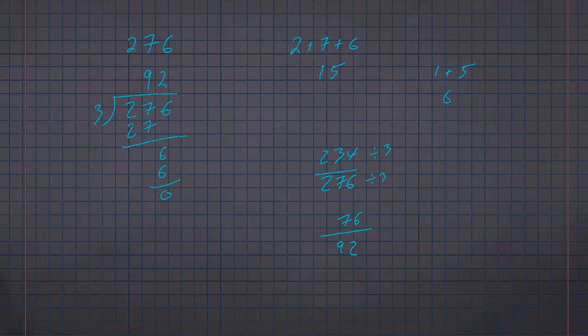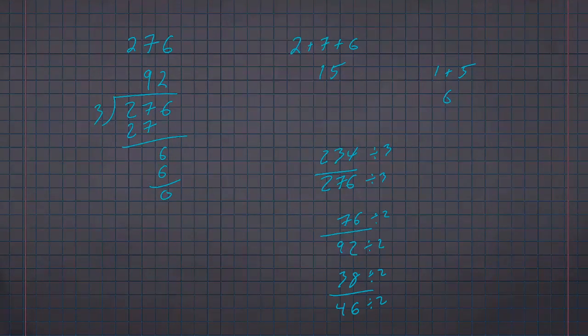From here, I notice that these numbers are both even. So I'll try dividing by 2. 76 divided by 2 is 38. 92 divided by 2 is 46. Still even.